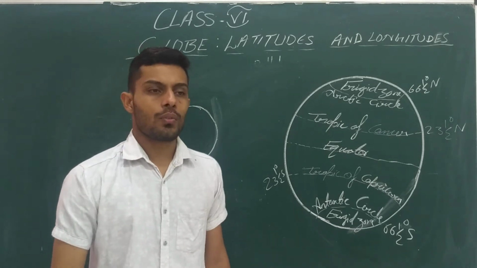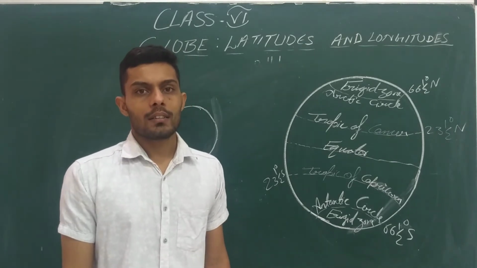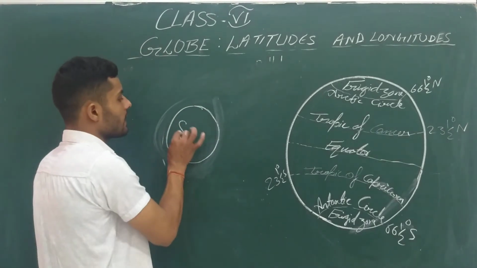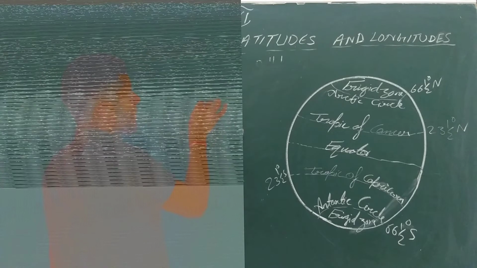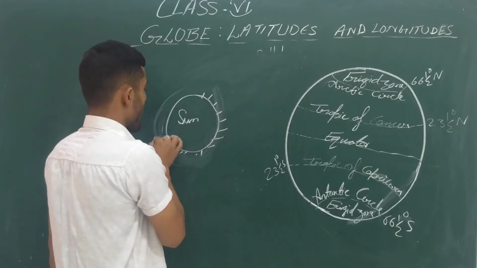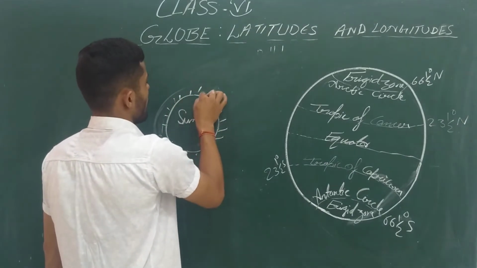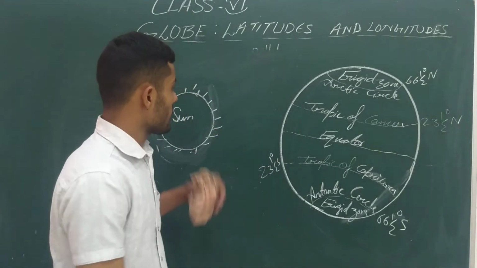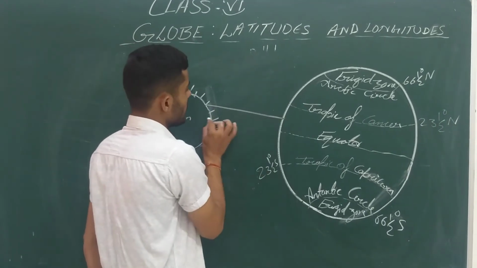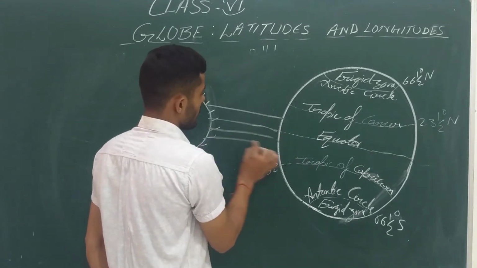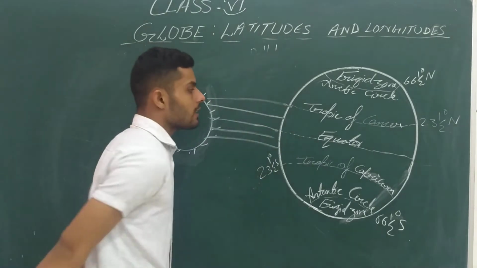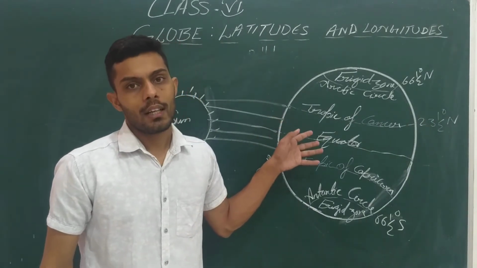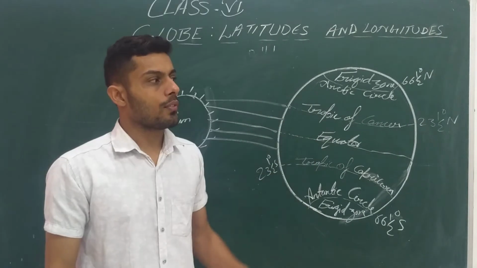Due to the revolution of our earth, we have seasons, or the years change. Suppose this is the sun. The area which is just facing the sun, where the sun rays are falling directly, this region receives more sunlight. This area receives more heat.